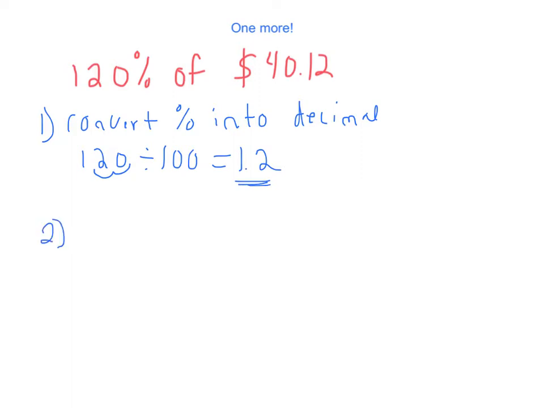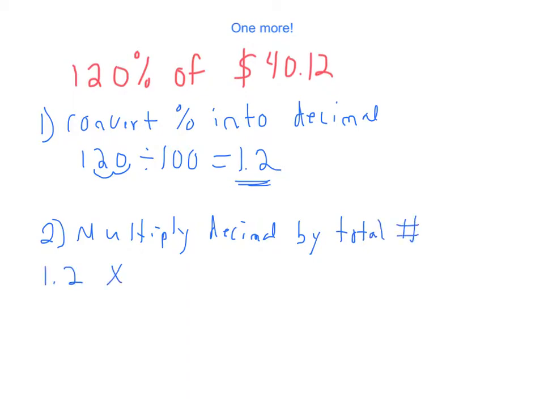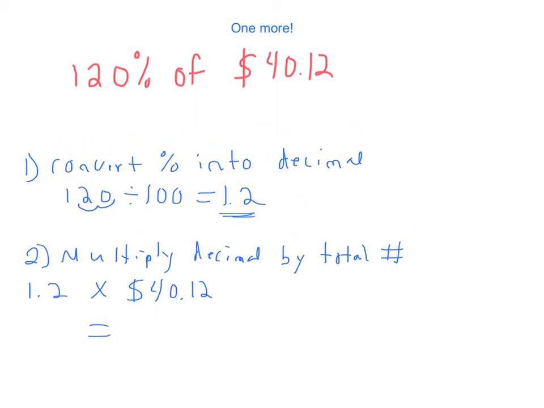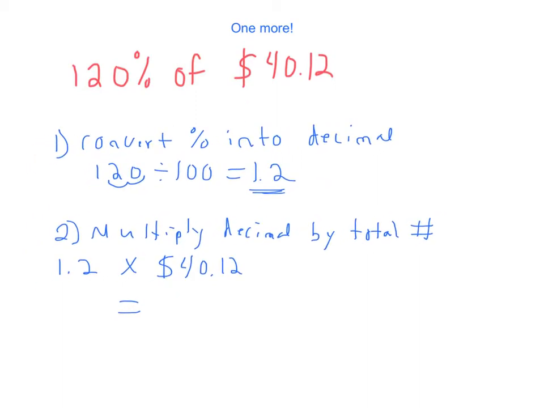Step 2 then was just multiply your decimal by the total number. 1.2 multiplied by $40.12 equals $48.144.